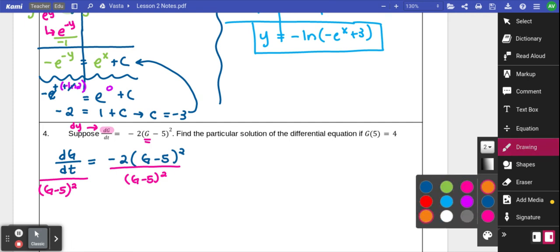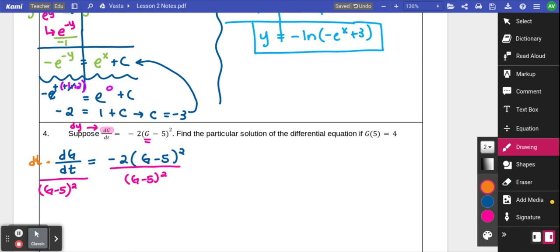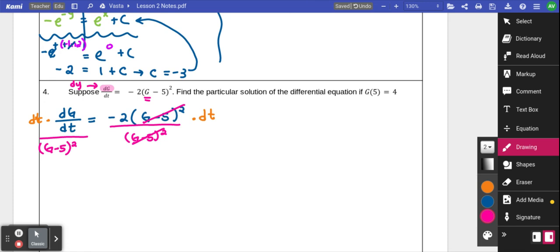I'm also going to want all the t's, or in this problem, it's kind of like the x's, on the other side. So I'm going to multiply by dt on both sides. Now, in this case, this g minus 5 squared cancels this one. And on the other side, I'm just going to have 1 over g minus 5 squared times the dg that was already there.